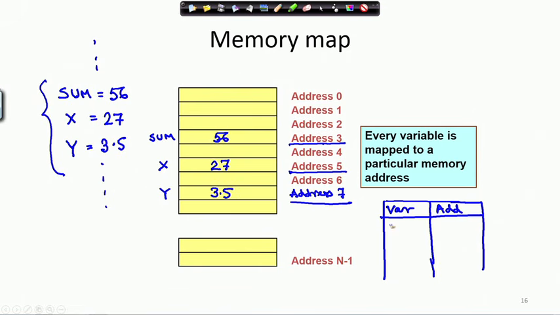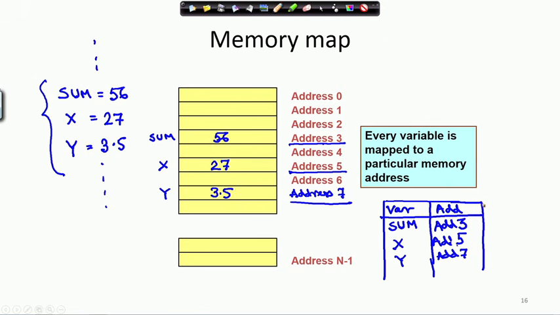So, some table of that sort is prepared, sum is address 3, x is address 5, sorry, and y is address 7.